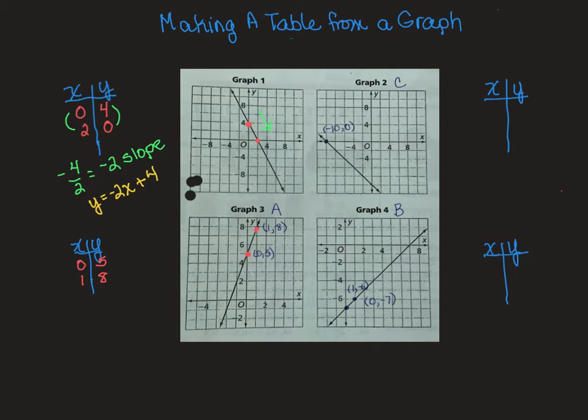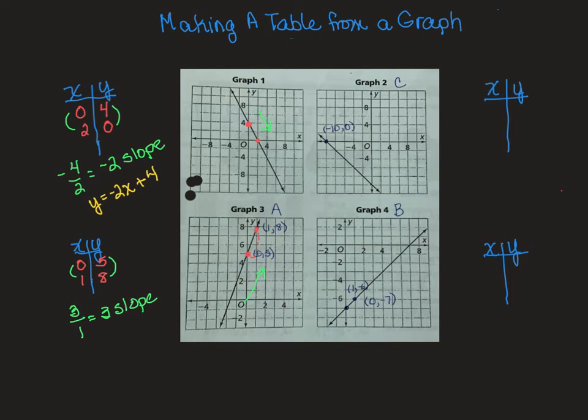Okay, so there are my 2 points, and so I can find my slope. Notice that as x increases by 1, y increases by 3. And so 3 is my slope, and I know it's positive because the line is going up.